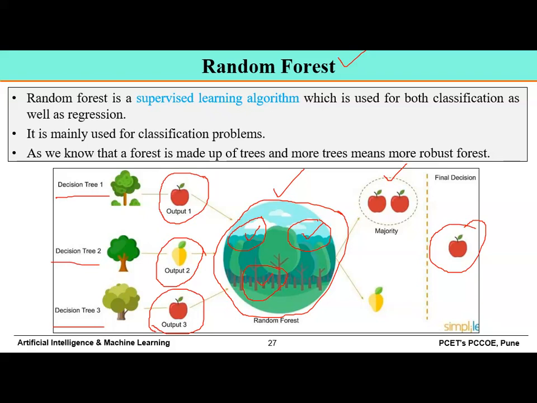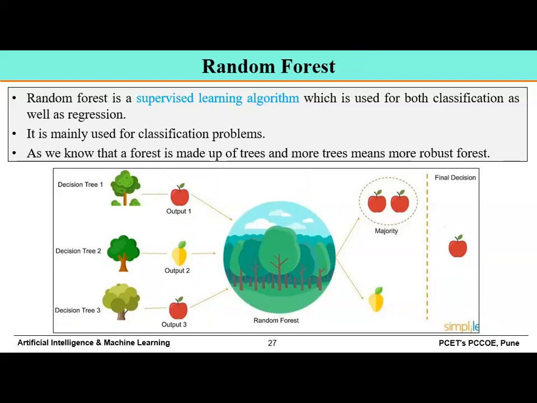If you compare the size of the forest, these areas are very small, right? So whatever three samples we have drawn, their final decision may be wrong. I'm not saying it is completely wrong. It may be wrong.